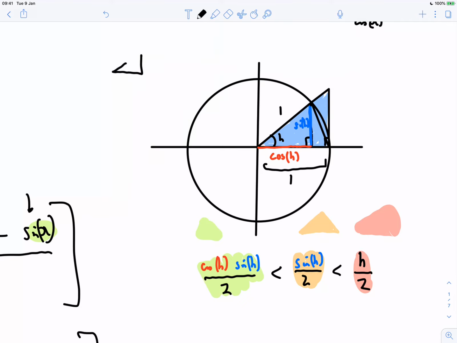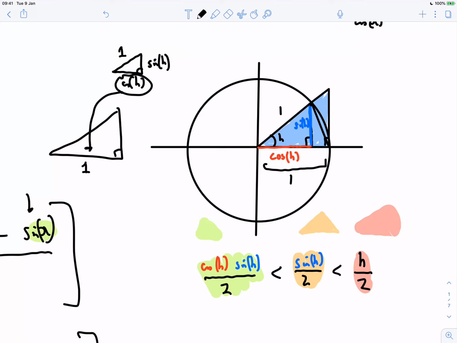So the original one, if you remember, was sine of h and cosine of h, and it had a hypotenuse of 1. I want that to be similar to the larger triangle with base of 1. And now what would the height be? Well, what do I have to do to go from cosine of h to 1? I have to divide by cosine of h. So this new height is sine of h divided by cosine of h.